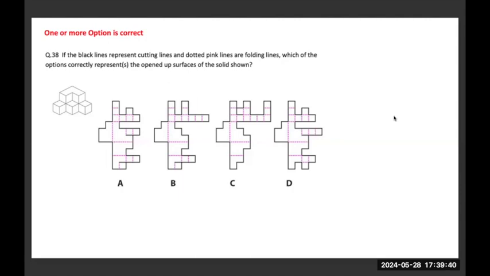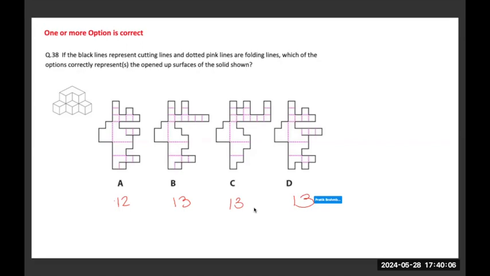So in option A, when I counted, there were 12 surfaces. In option B, there were 13 surfaces. In option C, there were again 13 surfaces, and D also had 13 surfaces.